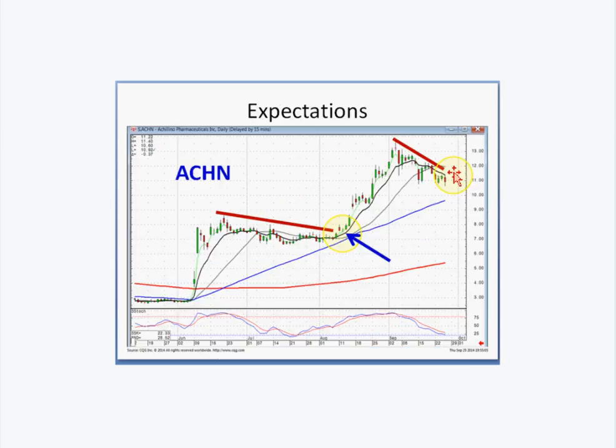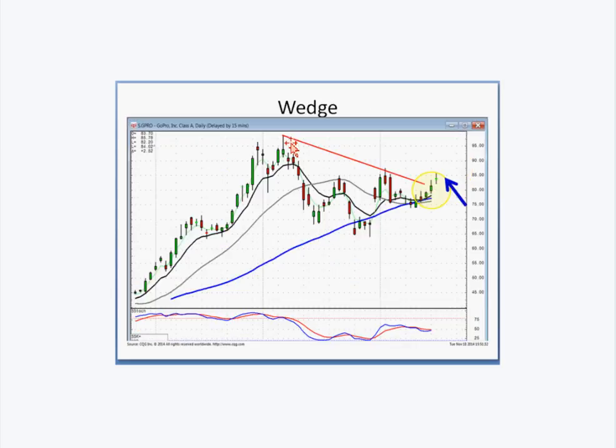Breakout. Now we're watching to see if there's another breakout on this downtrending channel. And where's that breakout likely to occur? When the stochastics get back to the oversold area. A resistance level, we're looking for that wedge breakout.